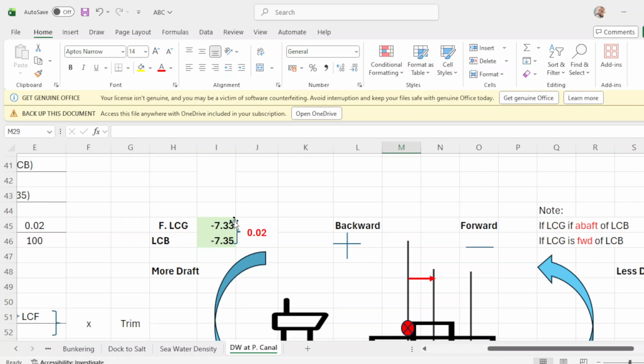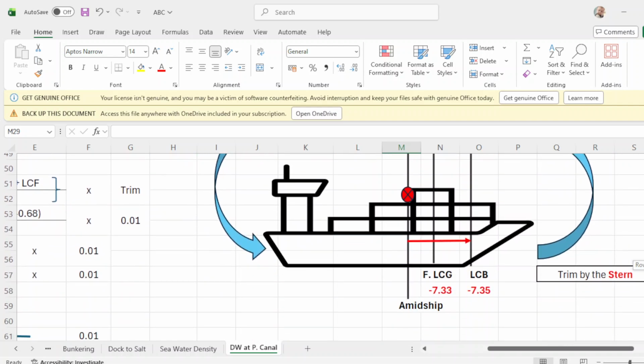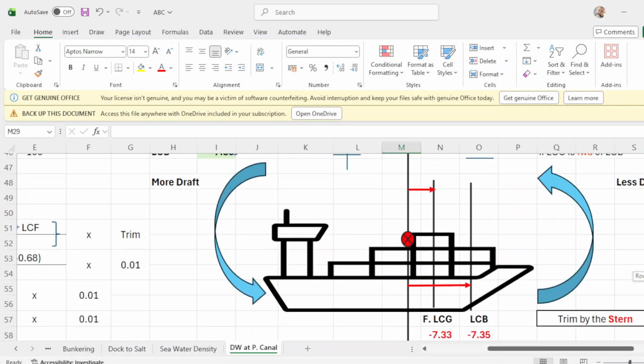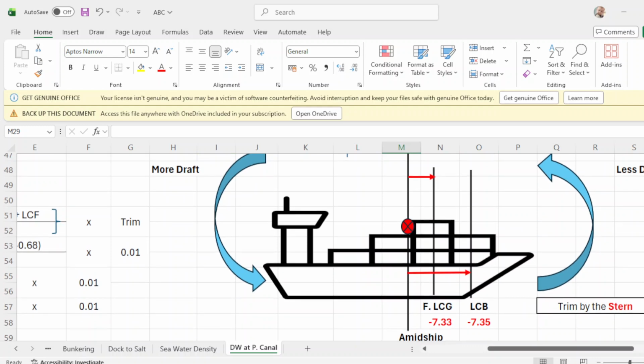So meaning this LCG is a little bit behind LCB, meaning LCB is ahead and this one is behind. Your LCG is 7.33 from midship, and your LCB is a little bit longer because it's 7.35.